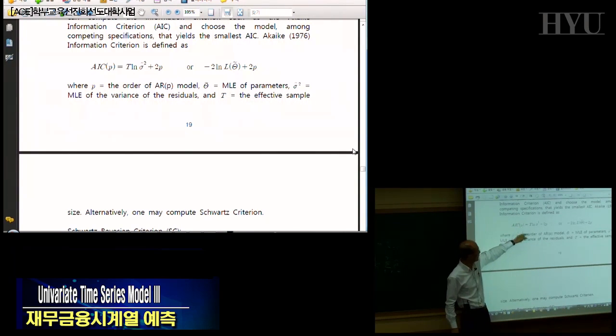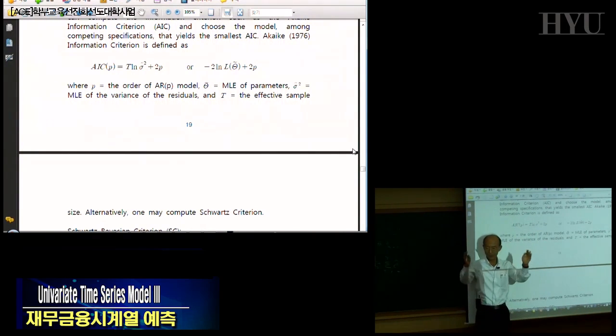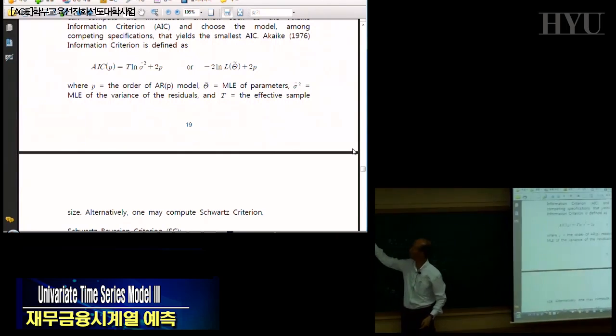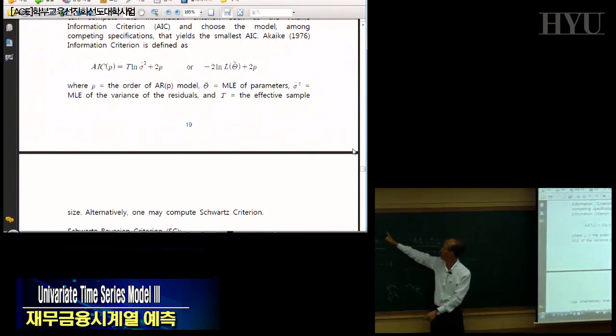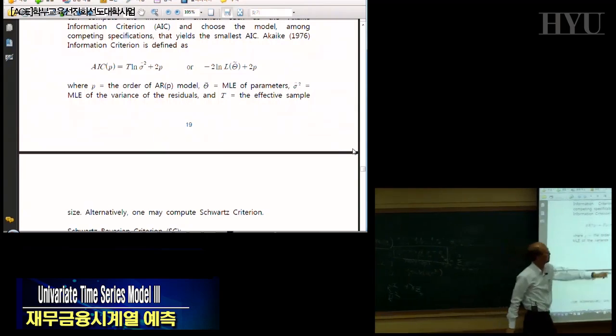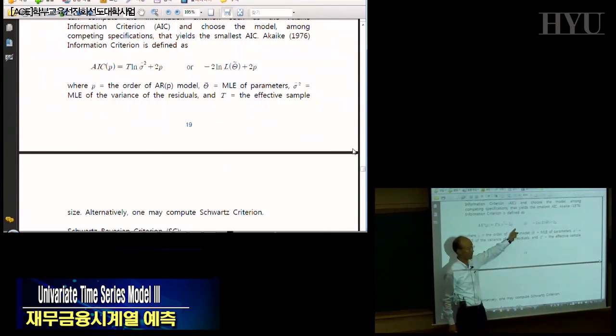Instead of P, you can have P plus Q. So if you are checking this model, instead of P there, you use 1 plus 2, because you have 3 parameters to be estimated, right? In this case. The sample size stays, and for the ARMA(2,1) model calculate this one and take the natural log.